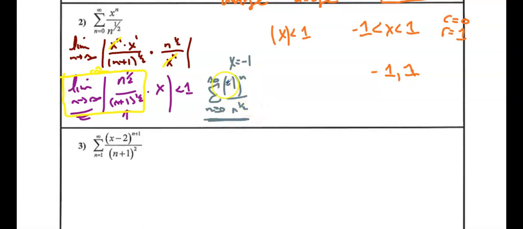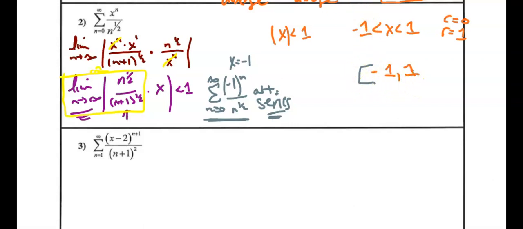So this series conditionally converges, and I was able to do this by the alternating series test. There's a video on that if you need a little refresher. Since it conditionally converges, we include -1 in our endpoints.